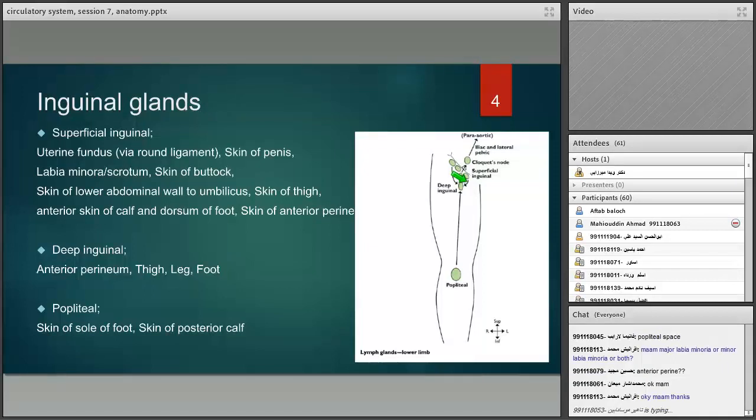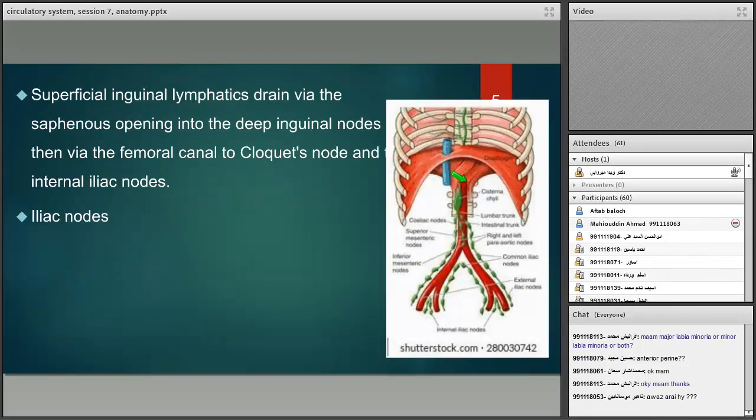The superficial inguinal lymphatics drain via the saphenous opening into the deep inguinal nodes, okay? After the superficial inguinal nodes receive the lymph from the spaces that I told you, they would drain into the deep inguinal nodes. And after that, then via the femoral canal to Cloquet's node.